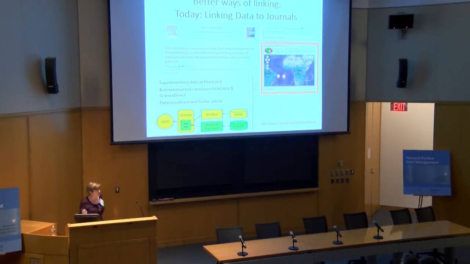These are both concomitantly submitted to the two entities, the paper to the journal and the data set to the data repository. There's bidirectional linking in place so that the two DOIs can link to each other, and then you can visualize where this data in particular is somewhere in the ocean off the coast of Brazil. So you can see at least the data sets associated, and you can have a richer experience of this data set if you go to the data repository.